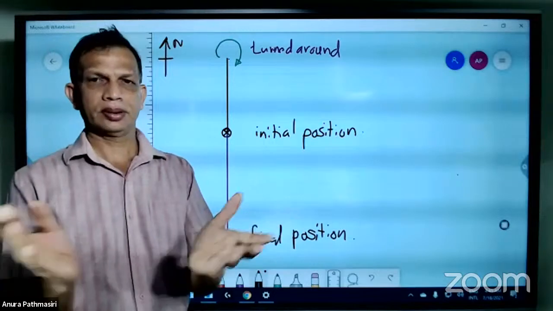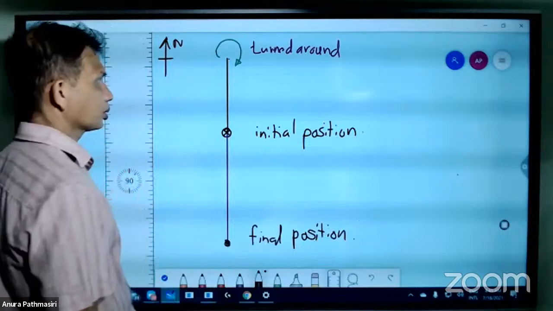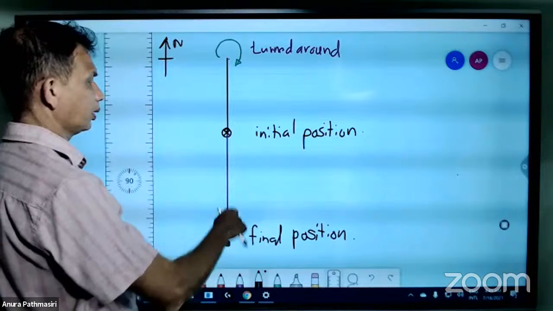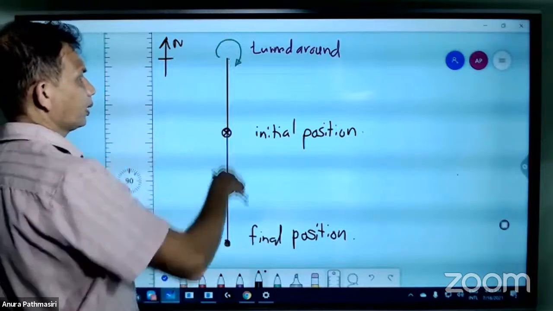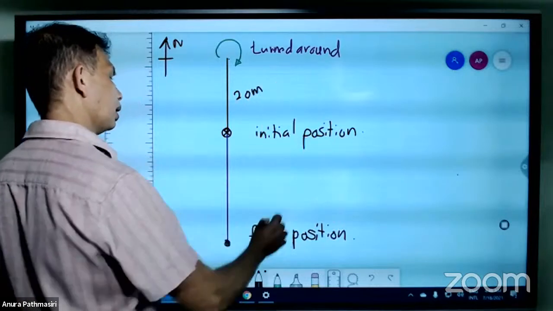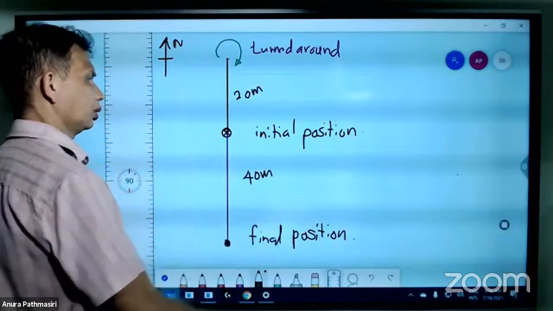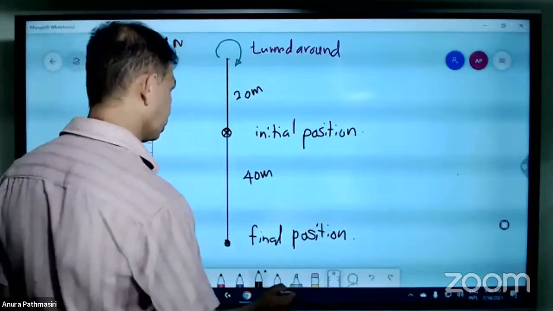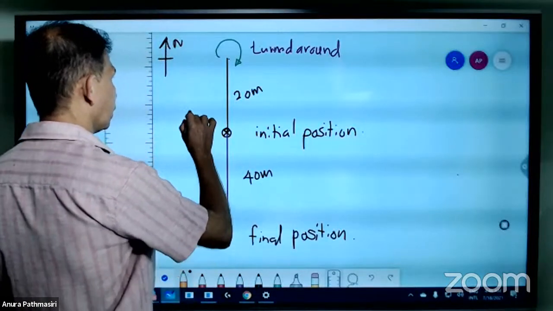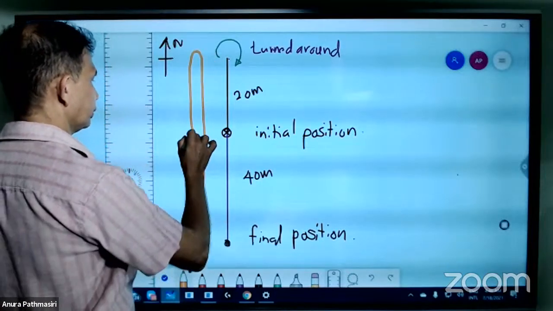Now the concept. When it is the distance, you want to consider the total length of the path that it traveled. So he went up 20 meters and then another 40 meters down, right? The distance, you want to consider the upward movement and then the downward movement.